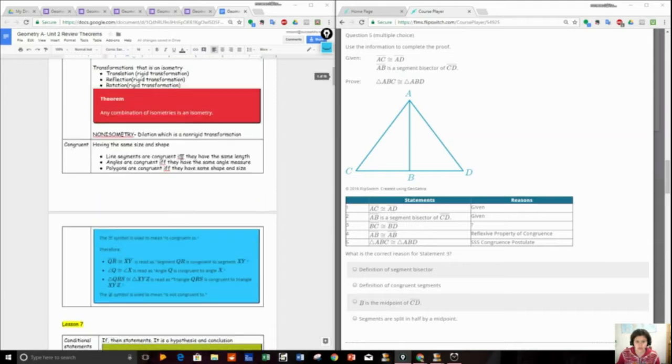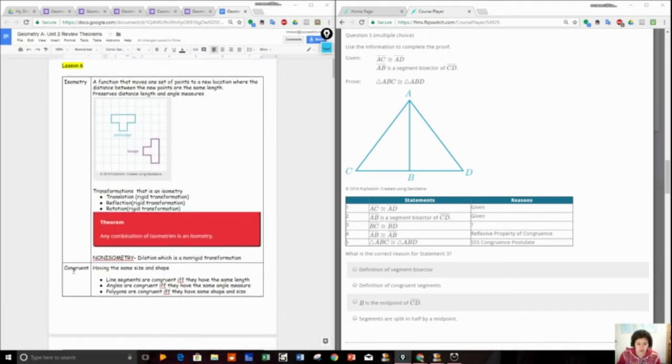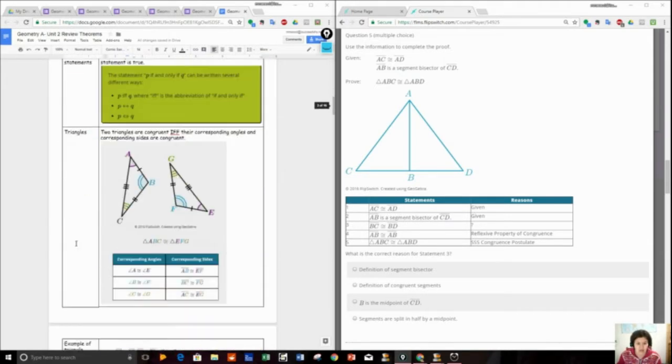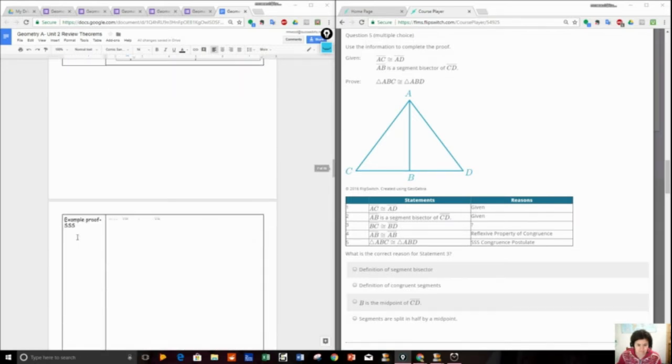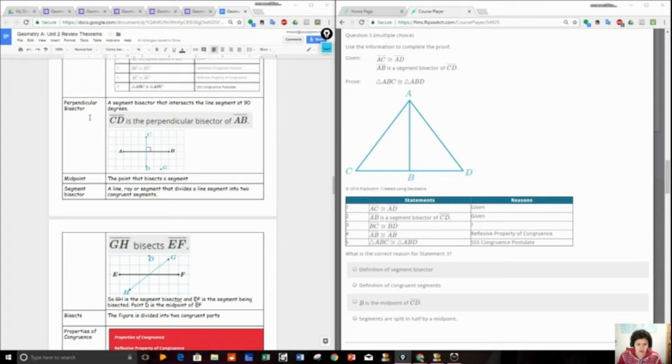If I scan through my notes, I'm looking for segment bisector in the left-hand column. Perpendicular bisector, midpoint, segment bisector. Okay, a bisector is a line, ray, or segment that divides a line segment into two congruent segments.